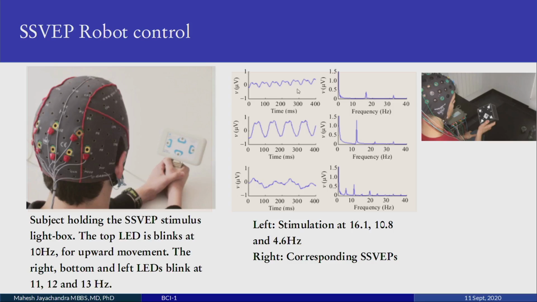Here you see the stimulation at different frequencies on the left, and you see the appropriate peaks occurring after FFT analysis, real-time analysis happening on the right, and these can be used as signals. You can barely see the robot here unfortunately, but you can use this to make the robot move in whichever direction you want.